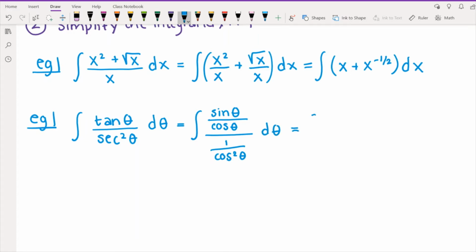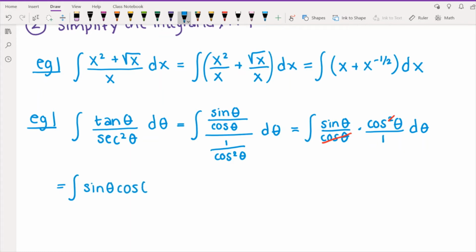So this is going to be the integral of sine of theta over cosine of theta times cosine squared of theta over 1. And so from here, we can cancel out a cosine of theta and a cosine squared there. And then now we're left with the integral of sine of theta times cosine of theta d theta.